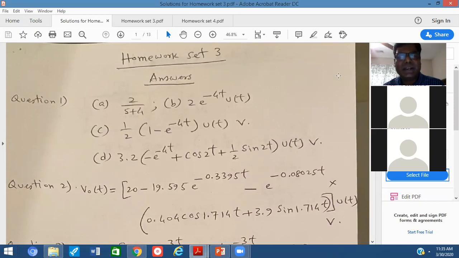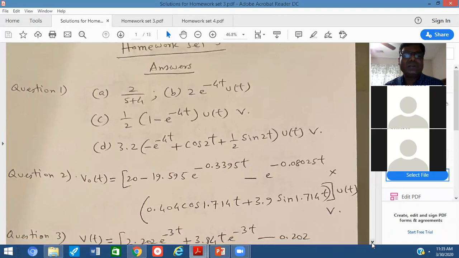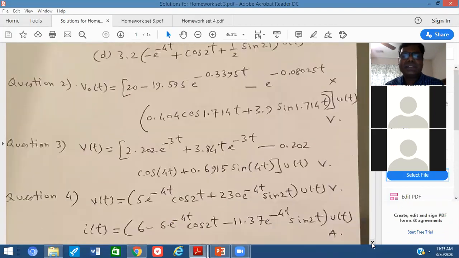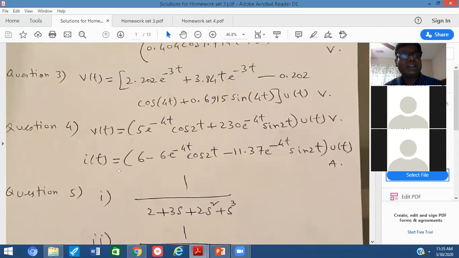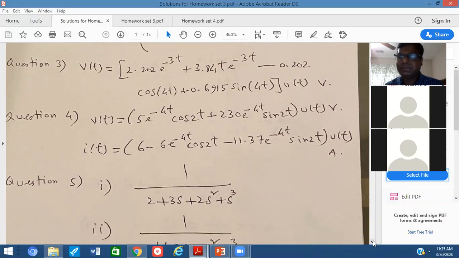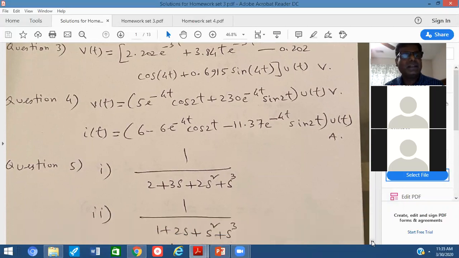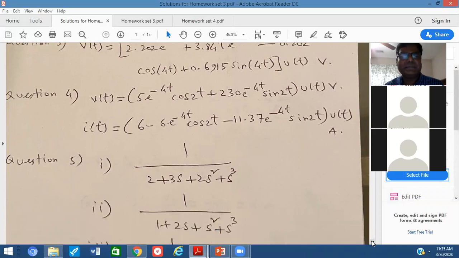Because this file has already been uploaded, you can see the correct answers there: question 1, question 2, question 3, question 4. You see that in most cases, you made mistakes in the current expression for question 4. So this will be the current expression. I am showing you. And for the last problem, many of you also made mistakes.